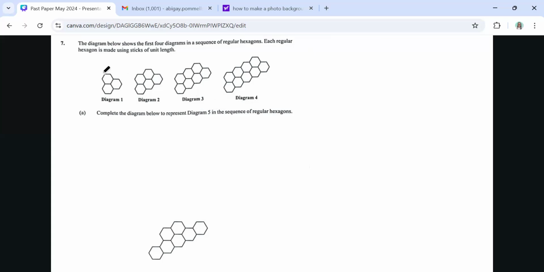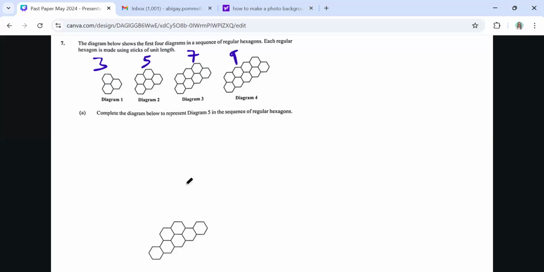The pattern is that every time you add two more hexagons. So this was 3, and now this becomes 5 hexagons, and then this became 7, so you add 2 more, and 9.